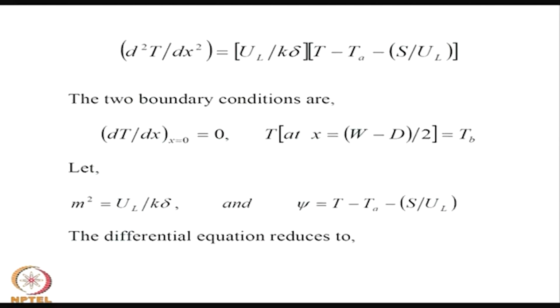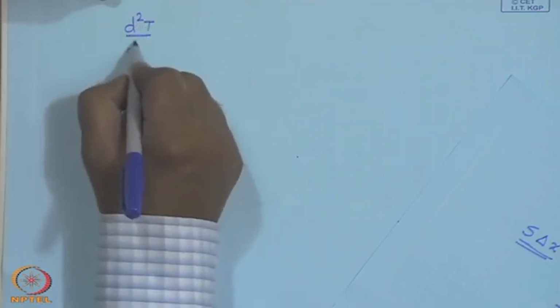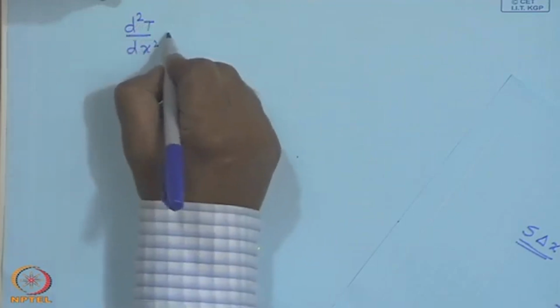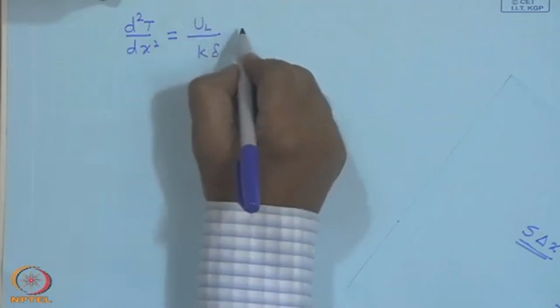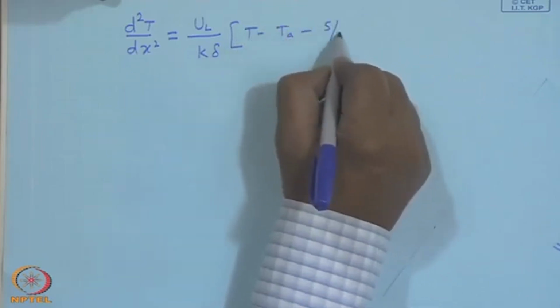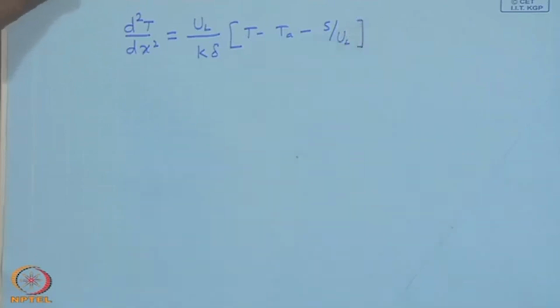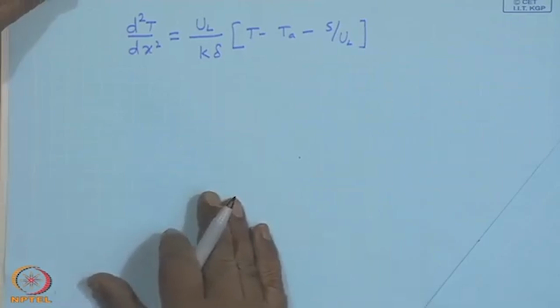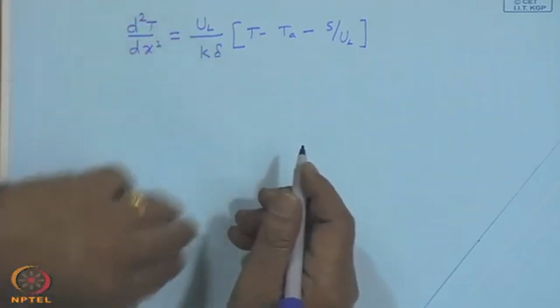So, if you plug in these values, you will get this equation. The second derivative comes from that d by dx of minus k delta dT by dx, and if I equate that, this is what we will have.